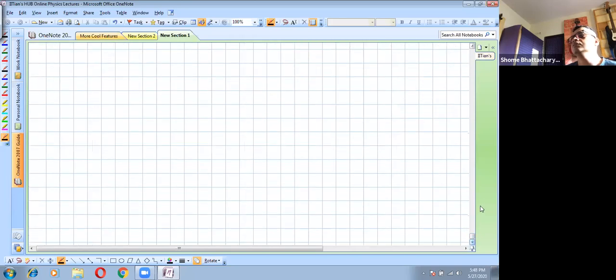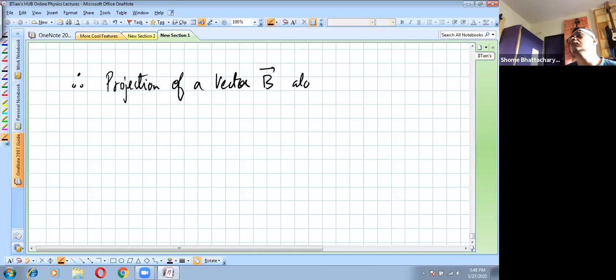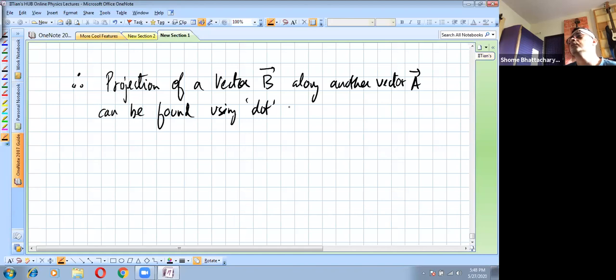So the next thing we will see is that the projection of a vector, let us say B, along another vector, let's say A, can be found using the dot product.